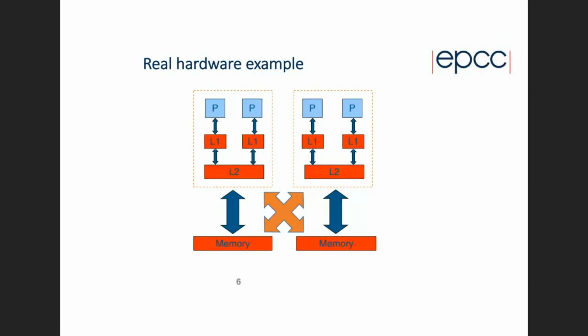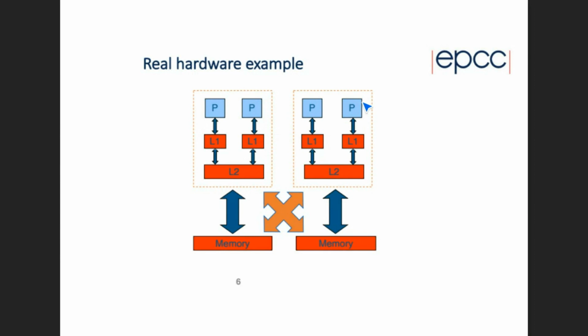Even this is highly simplified, but it just shows some of the potential extra complexity features. For example, you might not have one piece of memory. The memory might be split up into multiple pieces, so each memory may have some set of processing units which are more closely associated with it at a physical level. The two processing units on the right might be physically located closer to the right-hand piece of memory.